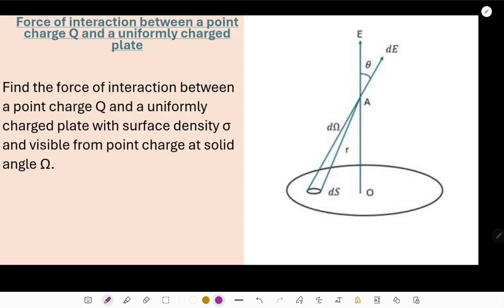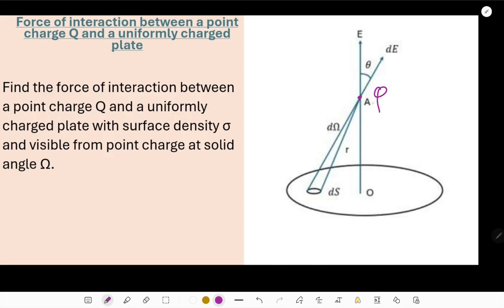So the charge is somewhere here. It's not a finite disk or something, it's a disk of radius infinity. So every point on the disk is its center, and any line drawn perpendicular to its plane from any point of the plate is its axis.